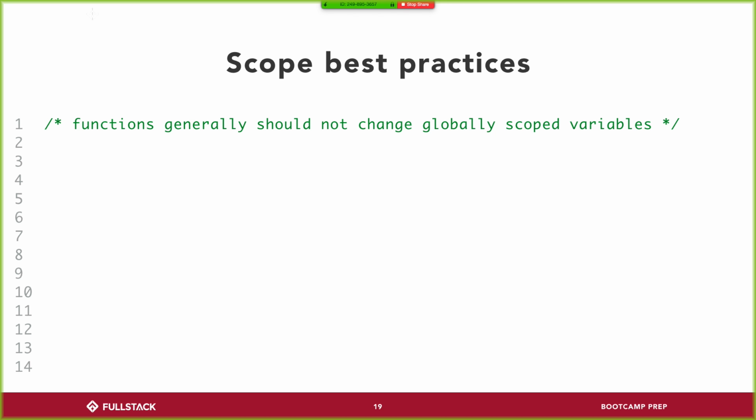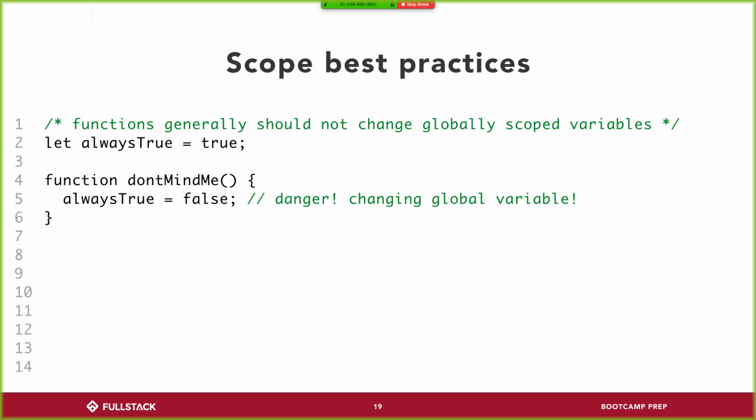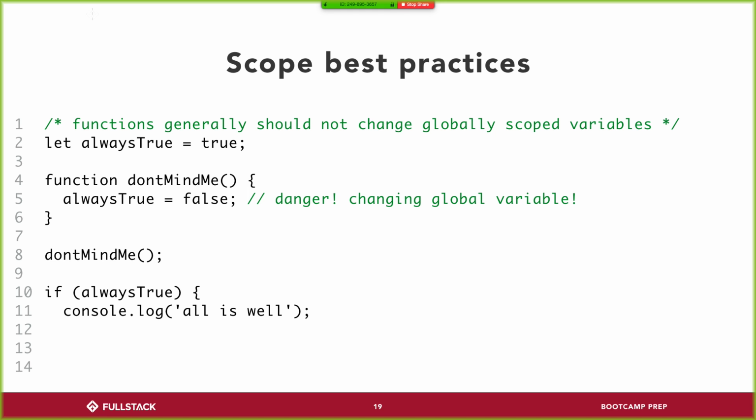So we'll go through some best practices here. This is a bit contrived, but here we're changing the value of this global variable within the function. Now when we call this function, always true is going to be false, so we won't log all is well.